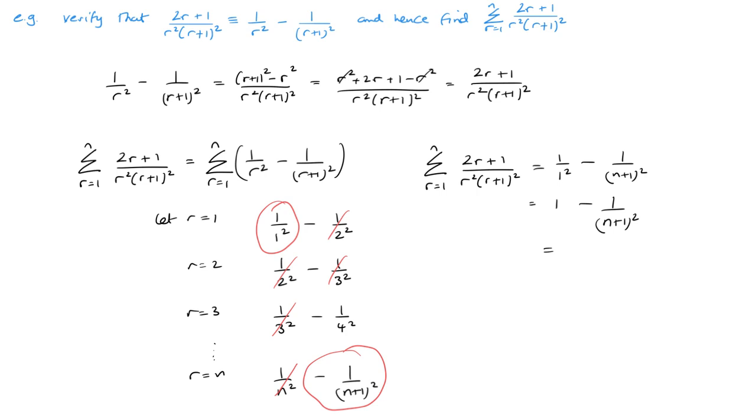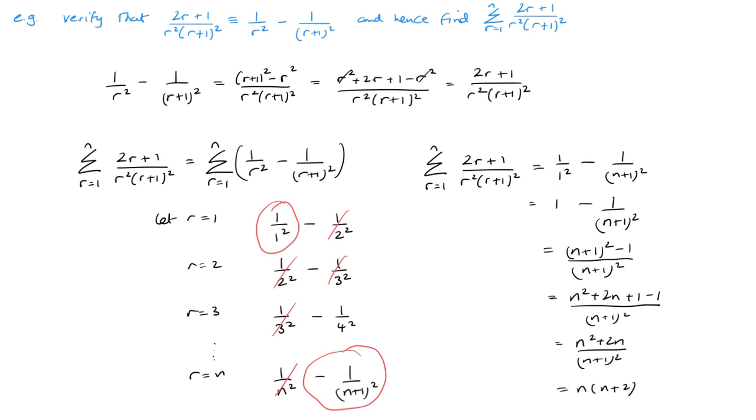If I turn this 1 into (n plus 1) squared over (n plus 1) squared, I get (n plus 1) squared minus 1 over (n plus 1) squared, which is n squared plus 2n plus 1 minus 1 over (n plus 1) squared, which is n squared plus 2n over (n plus 1) squared, which is n(n plus 2) over (n plus 1) squared. And that's it simplified.